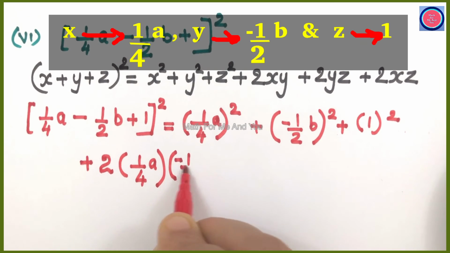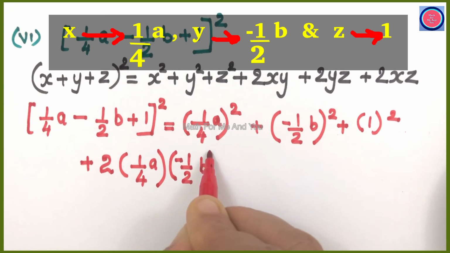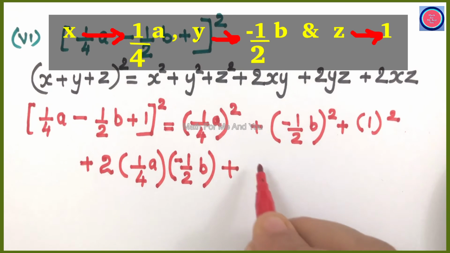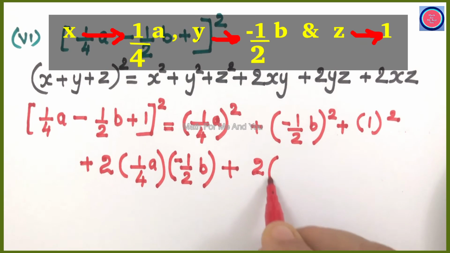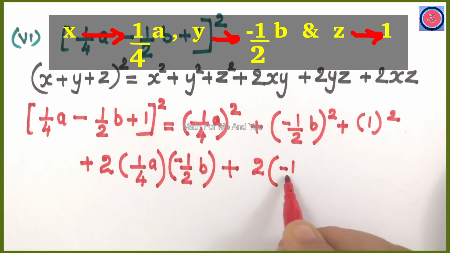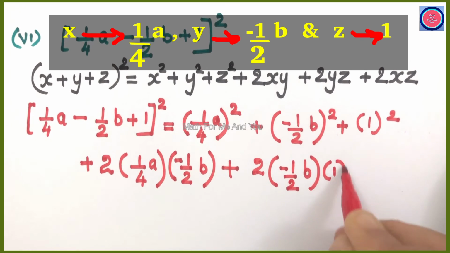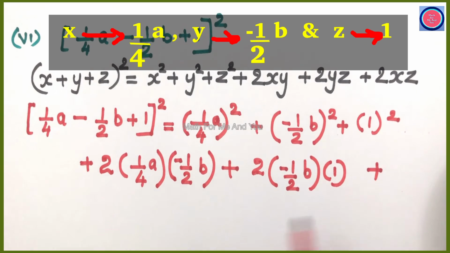We have to consider the negative also with b, and then 2yz becomes plus 2 times minus 1 by 2b times 1. And now we can write the last term, that is 2xz becomes plus 2 times 1 by 4a times 1.